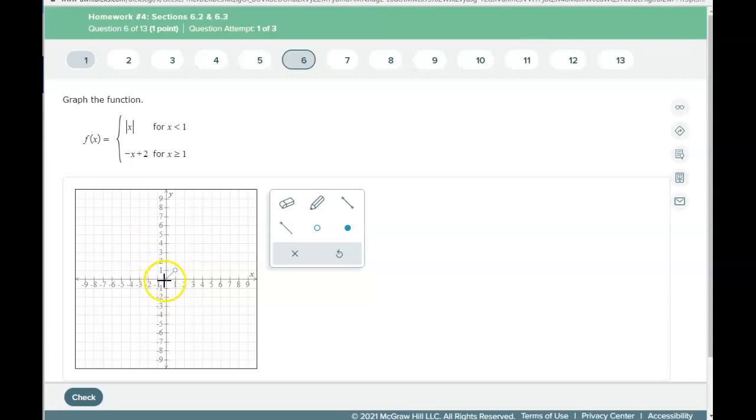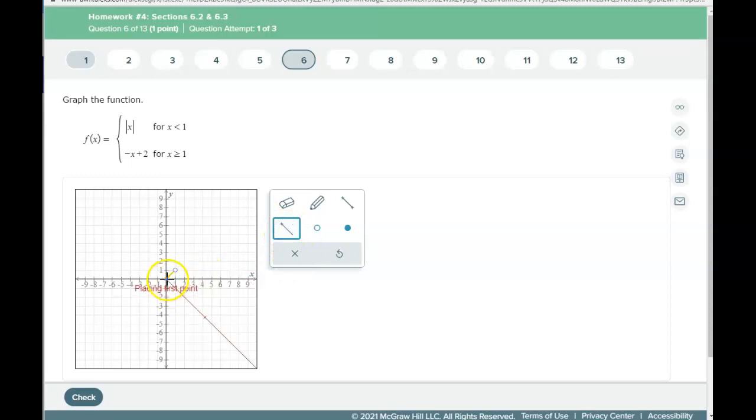Once I do this, I need the other half of this. Whenever I go to negative 1, the absolute value of negative 1 is a positive 1. This time I'm going to grab the ray, because the ray means it is a continuing line, like we have an arrow on the end.